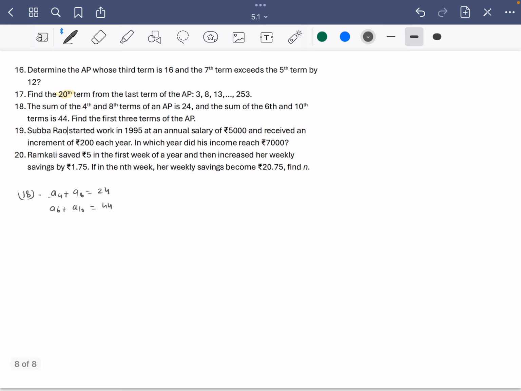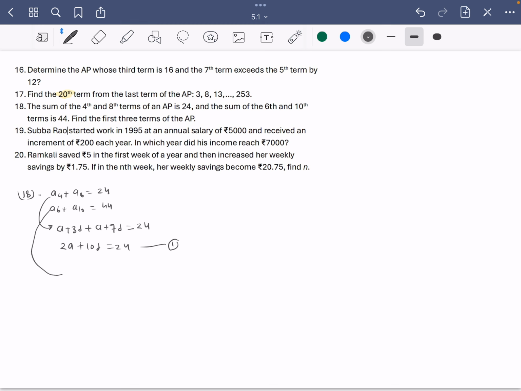We'll look at the first one first. A4 is A plus 3D, plus A8 is A plus 7D. It's going to be 24. A plus A is 2 times A plus 10 times D is going to be 24. Let's say it's equation 1.